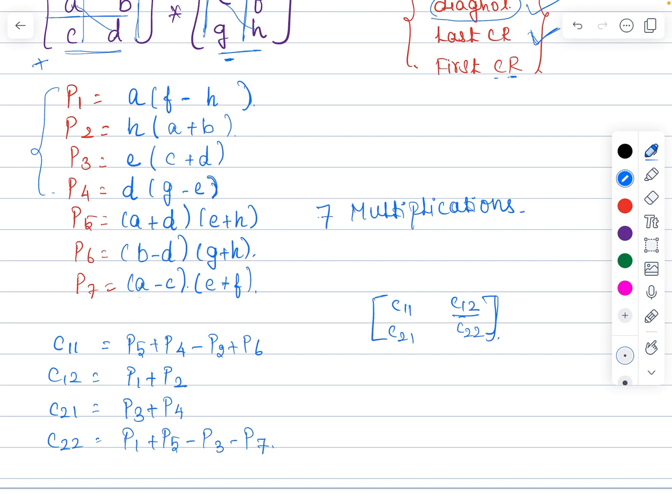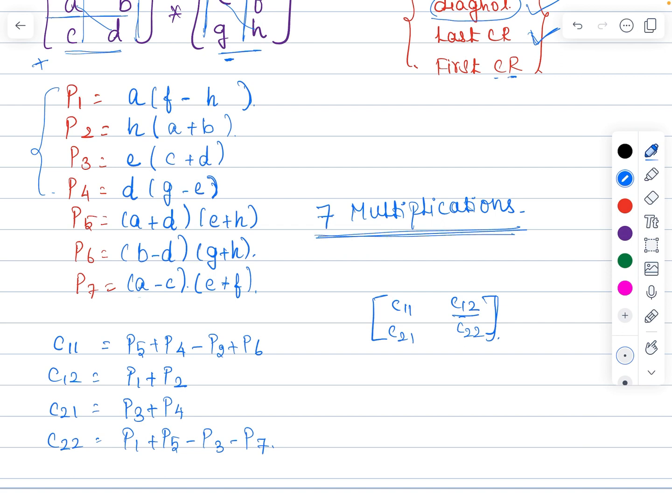If you check, it is not performing 8 multiplications here, only 7 multiplications are getting performed in Strassen's matrix algorithm. Whereas in the traditional matrix multiplication algorithm using the divide and conquer method, 8 multiplications got performed, but here only 7.